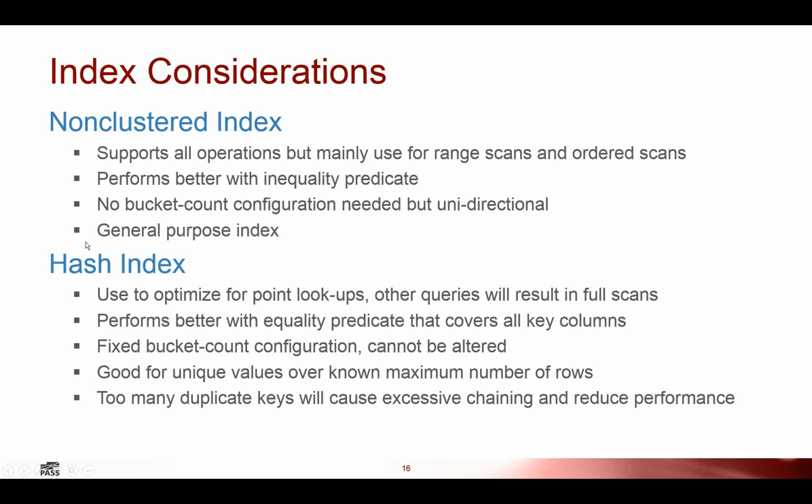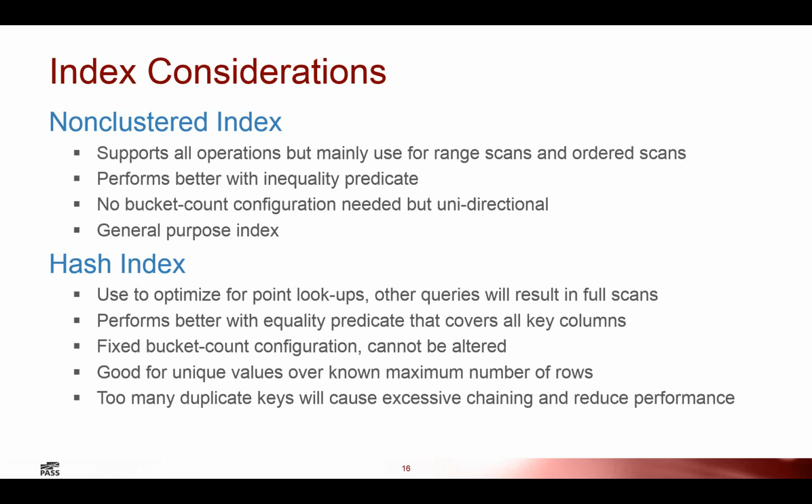Now, the more specialized type of index is the hash index. This is essentially a hash table inside memory. What it does is hash each row according to its index column values into one of its hash buckets.